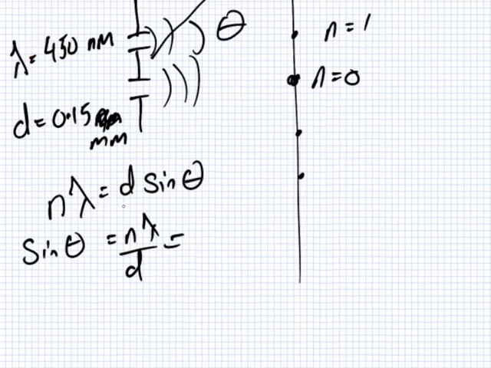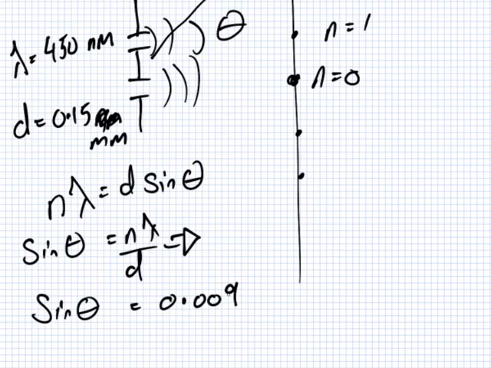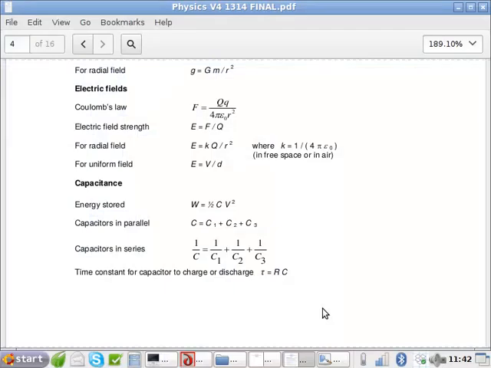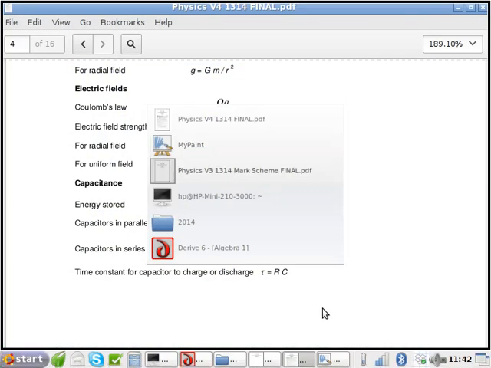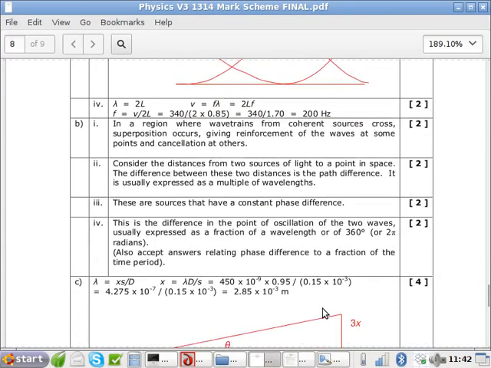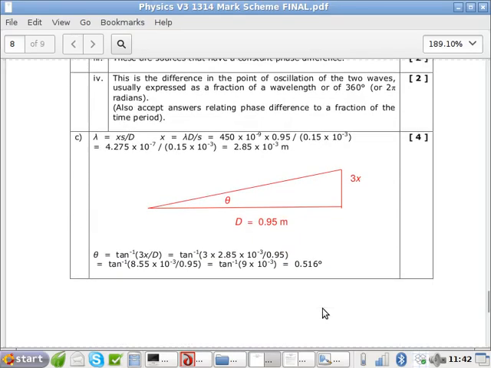So here I get sine theta equals 0.009. So theta is only 0.516 degrees. I better check that. Yeah, only this.